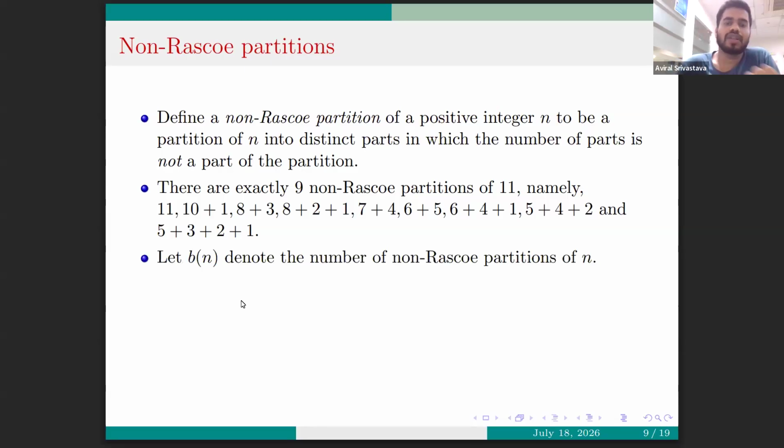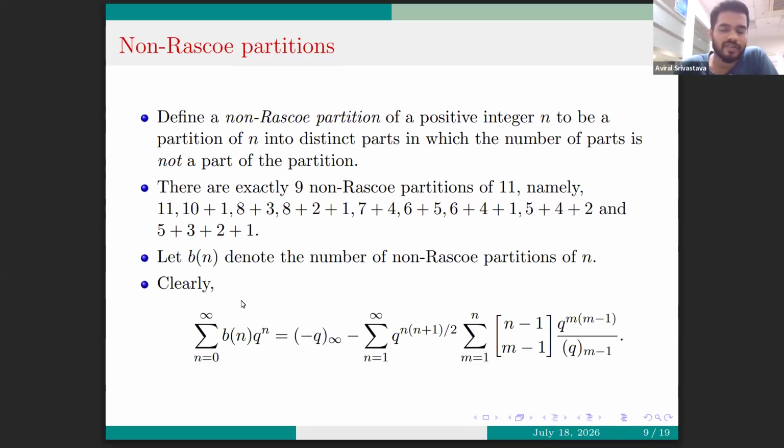Now, if B(n) denotes the number of non-Rascoe partitions of n, then we have the following generating function, which is immediate. The minus q infinity term actually denotes the generating function of all distinct partitions of n.